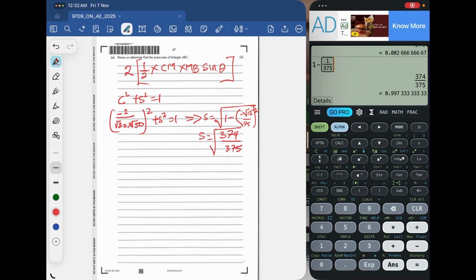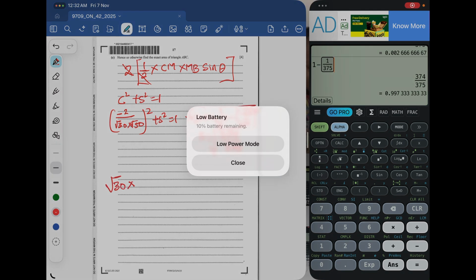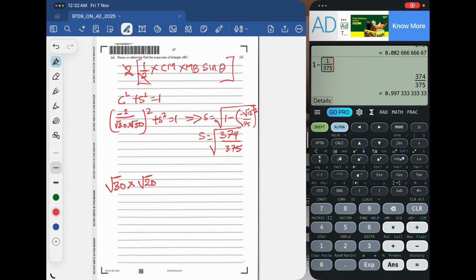Now let's see how we can find the area. So from here we can have 1 over 2, and the 2 cancels, so I don't have that again. So CM was square root of 30 times square root of 20 times the square root of 374 over 375.